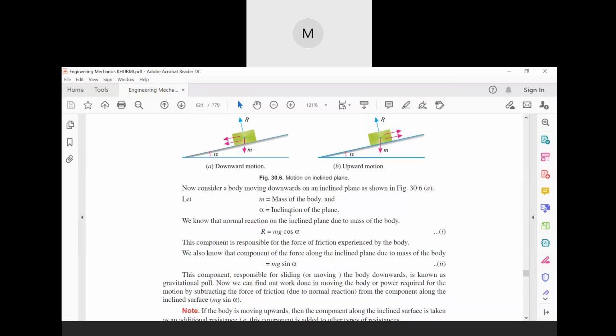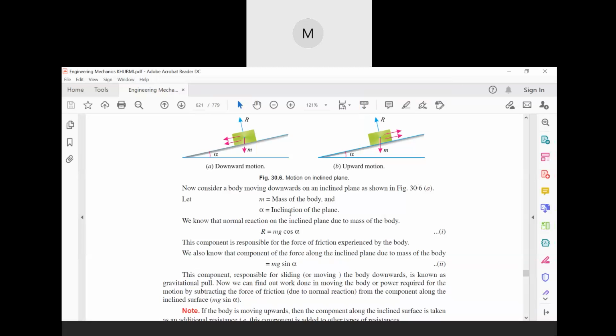So in this diagram, what you can see is the mg sin alpha component. This is the component of force along the inclined plane, right? This component is basically responsible for moving the body downwards, or the motion of the body.